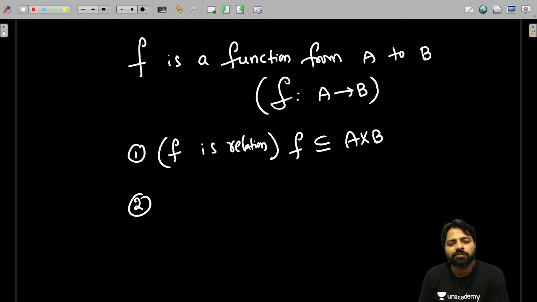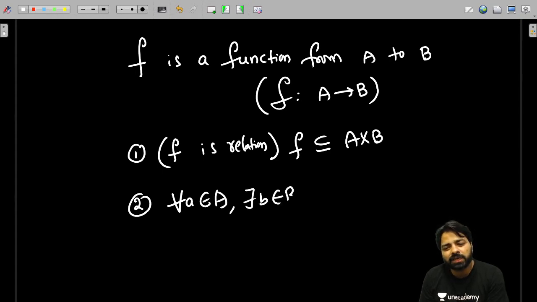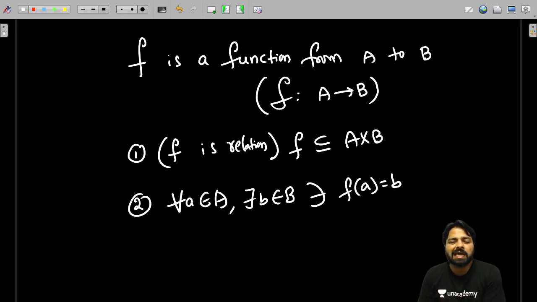And for all a belongs to A, there exists b belongs to B such that f of a is equal to b. It means every element of the domain, here A is the domain, B is the codomain, will have a mapping to a codomain element, but with guaranteed unique mapping.